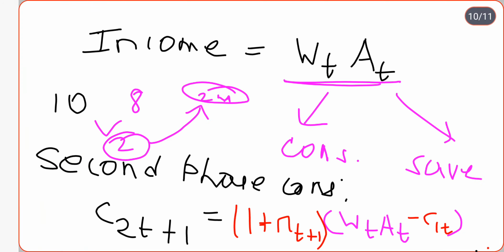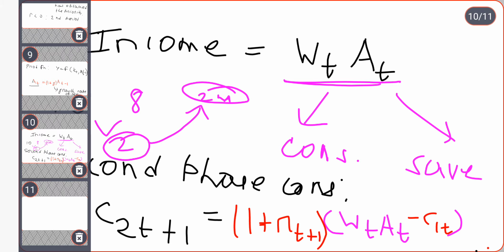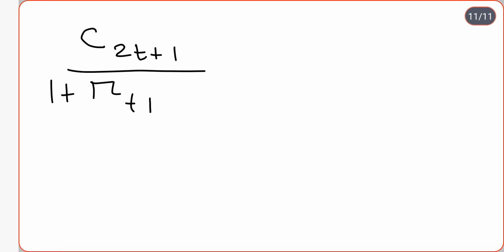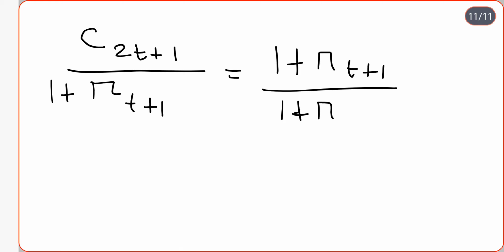Now, if we divide this entire equation by 1 plus RT plus 1, what happens? It becomes C2T plus 1 divided by 1 plus RT plus 1 equals, and we have 1 plus RT plus 1 here, and we are dividing both sides by 1 plus RT plus 1, into obviously WT AT minus CT.